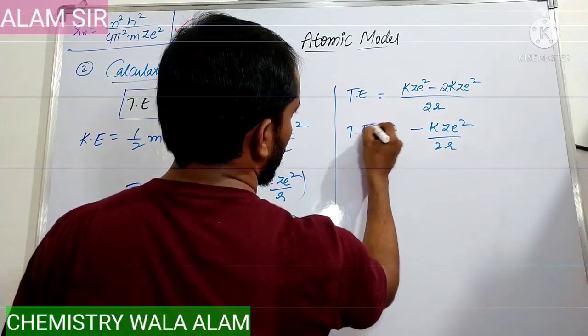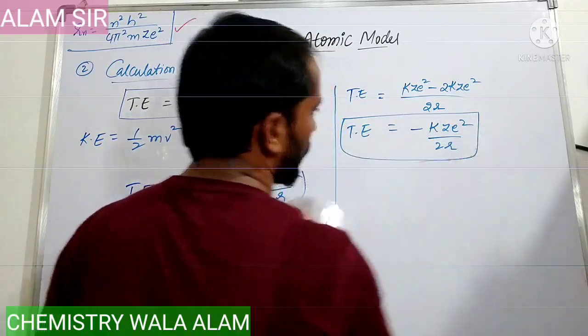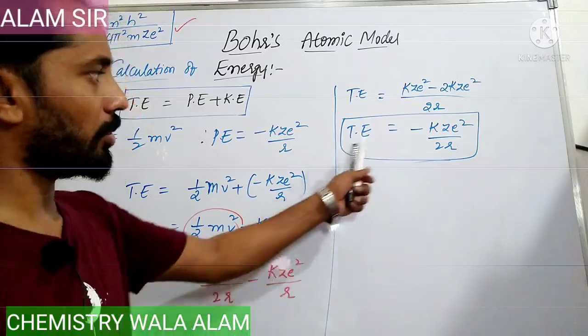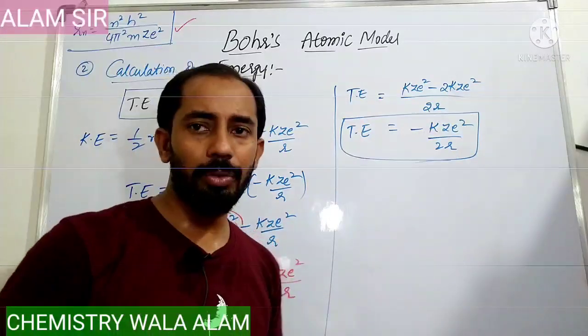That means the total energy is equal to minus kze square by 2r.